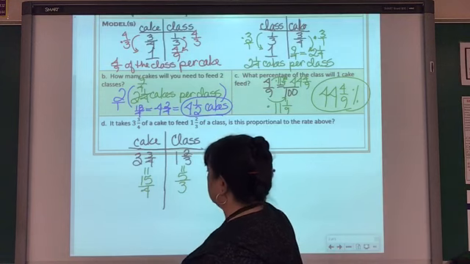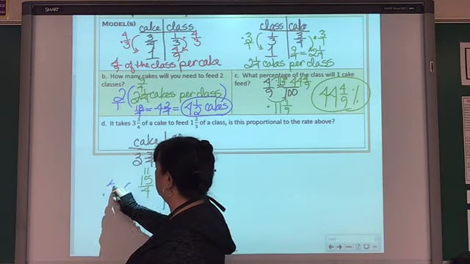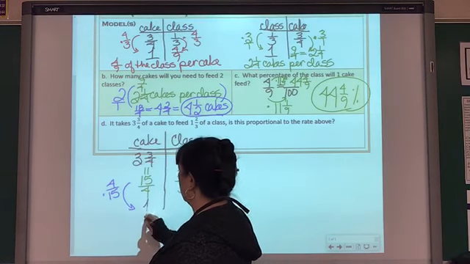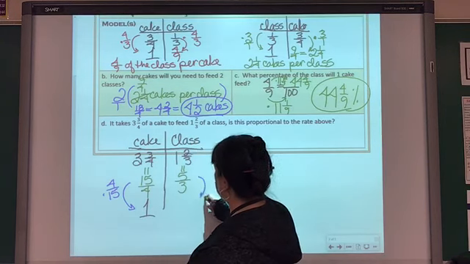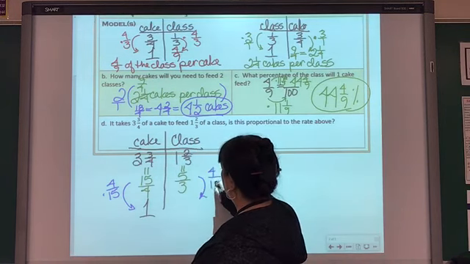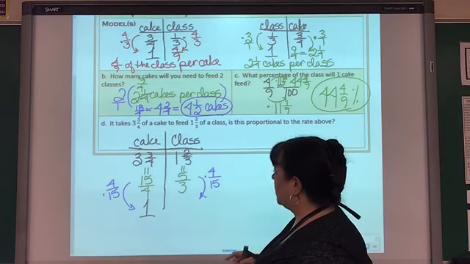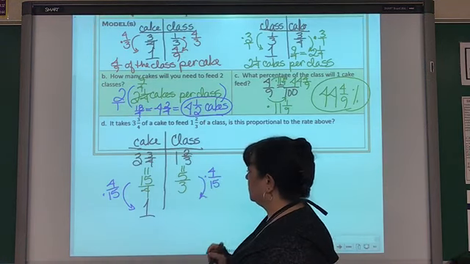So I am going to multiply by the reciprocal, which is 4/15, to give me 1. Over here, I'm also going to multiply by the reciprocal of 4/15.